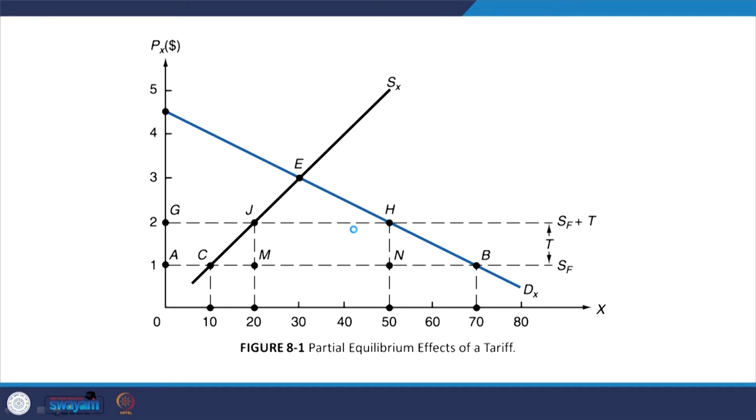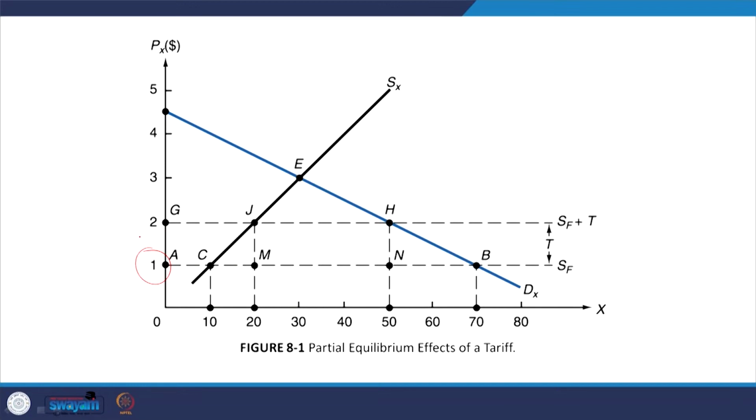Now, given the explanation as we just made, if the price is 1 and a 100% tariff is imposed on that, so if 1 rupee is added, now the price is P plus T, which is equal to 2. So, due to the rise in the price, the initial level of consumer surplus is this whole area under the curve, and now due to higher prices the consumer surplus is a small triangle.